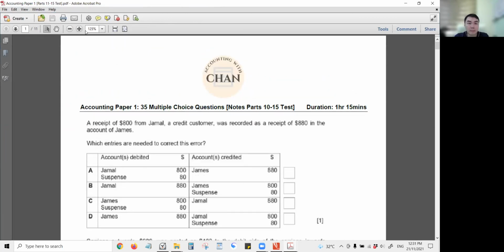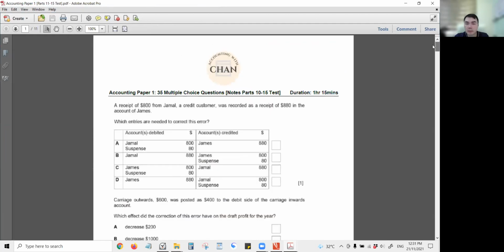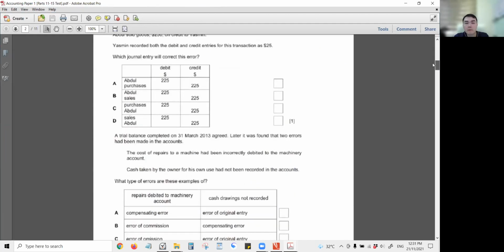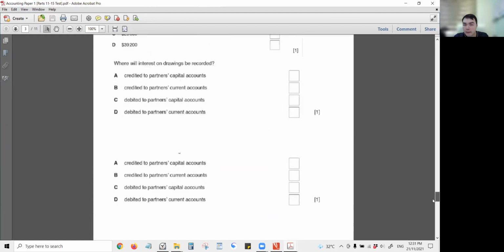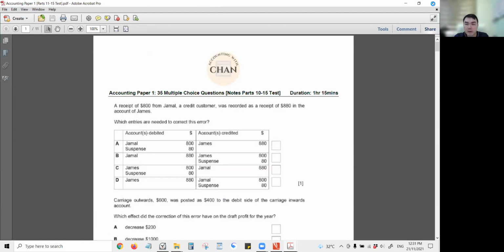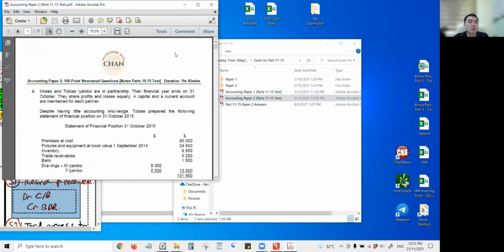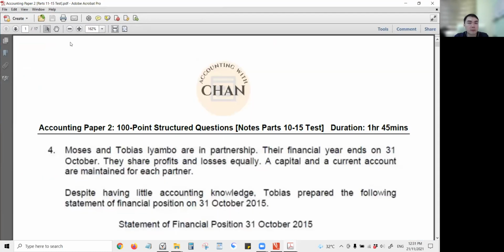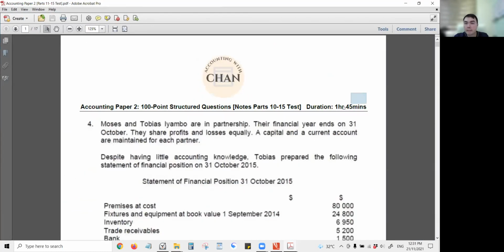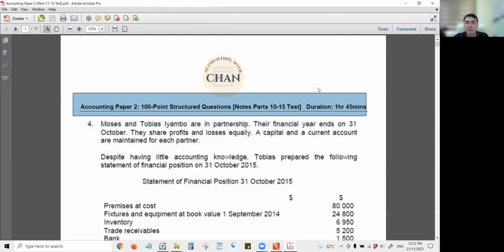Make sure you attend this paper as well, so that it would be more meaningful when I discuss it with you. Then after this paper 1, we move on to paper 2 again. All these papers I set them myself, and it took me some time. After that, we will move on to past exam papers.